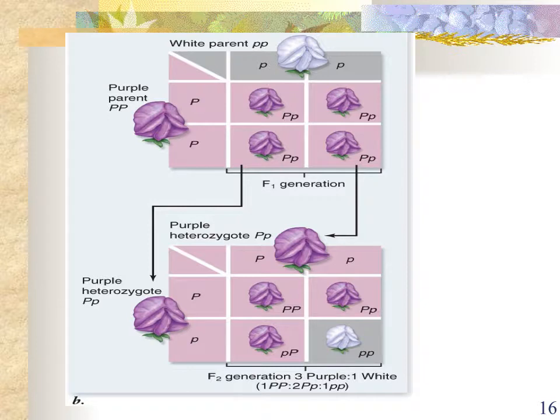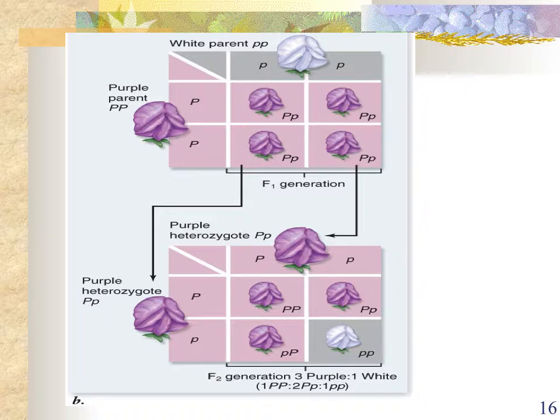And so in that F1 generation cross, all the plants have one dominant gene and one recessive gene, and they all have the same phenotype. When you allow those to self-fertilize, those F1s each have one copy of a dominant gene and one copy of a recessive gene.